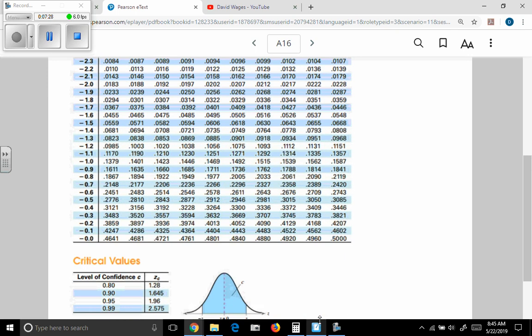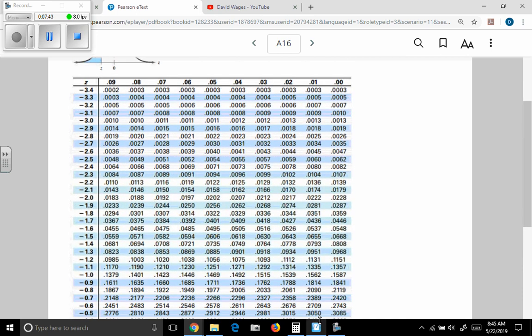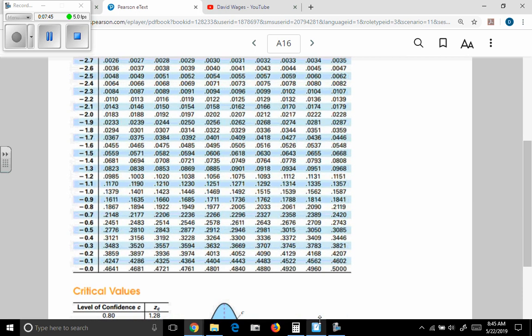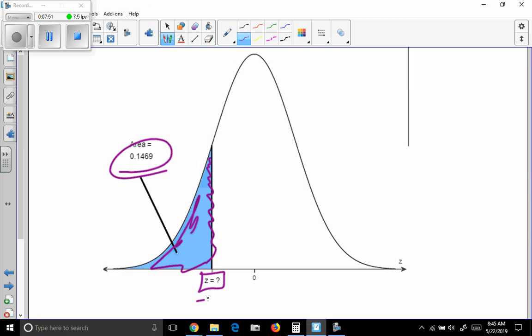Here are the 1.4s. Here's 1.469. So it's the negative 1.0, the first two digits, and then it's in this column. So 5 is the next digit. So negative 1.05. So that is the z value that corresponds to the given area.